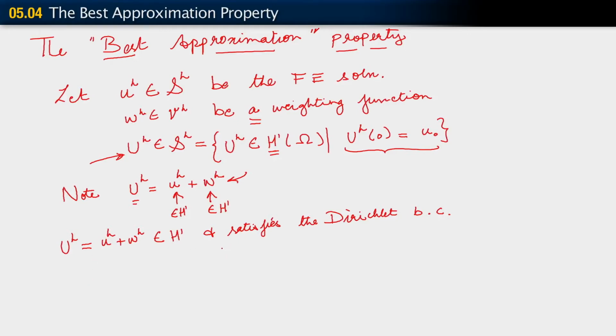So with that in place, let me state the main result of this segment. It's a theorem, really. And that theorem is the following. If we consider the energy norm of the error, and here I'm writing the energy norm using abstract notation.